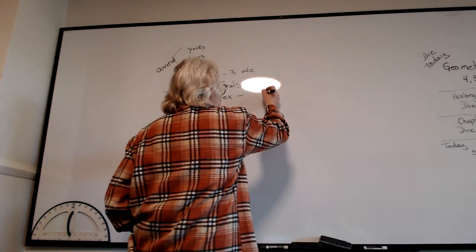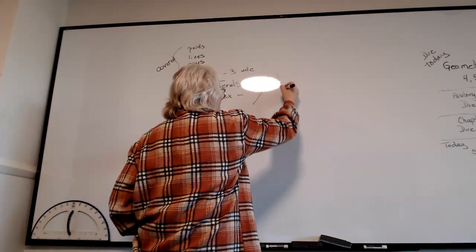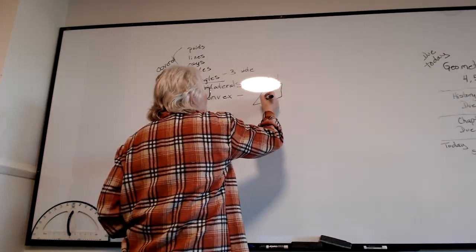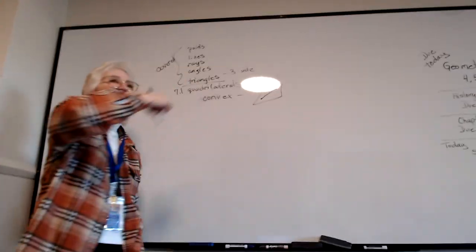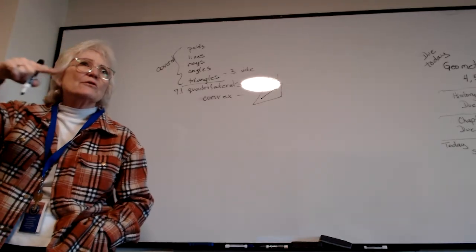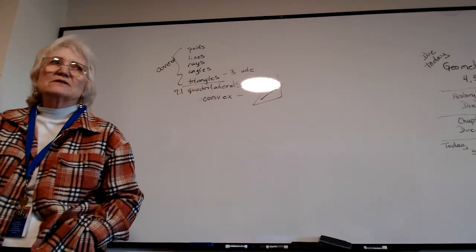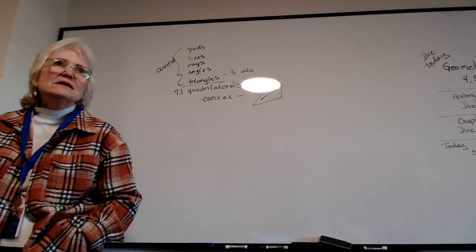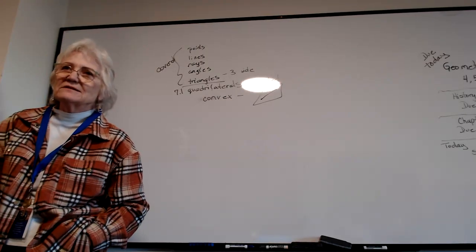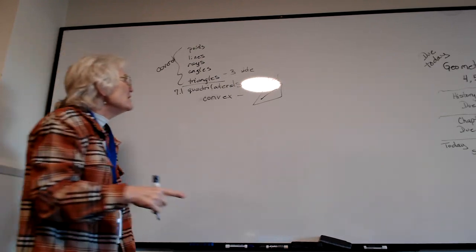What that means is, if I draw the quadrilateral, anywhere I put 2 points, the line will stay inside. It won't go out or cross the lines, okay? So if I pick 2 points anywhere in the quadrilateral, that line will be within, okay? So that's convex.